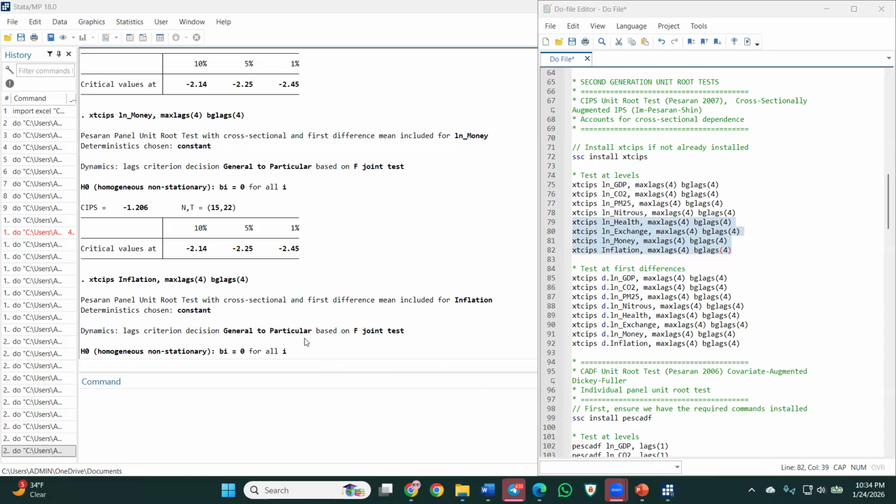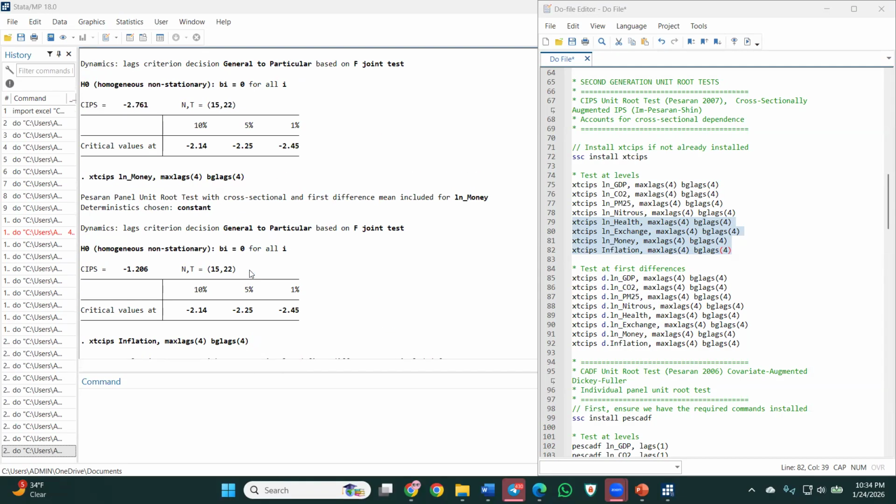Yes, it's possible that it can be greater than the 10% value and less than the 5% value. That's why you always have to decide from the beginning the significance level you are working with. I said from the beginning that for social sciences, we mostly use 5%, while the medical field mostly uses 1%.